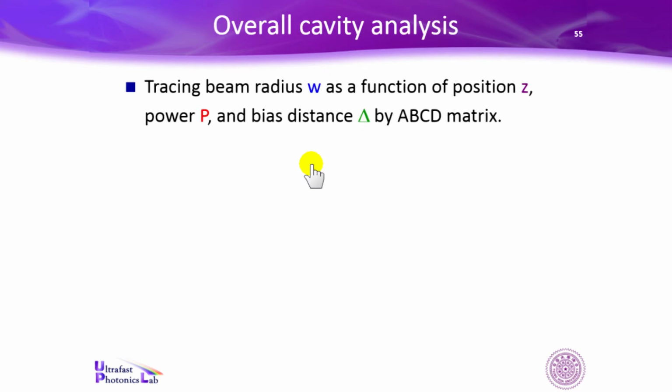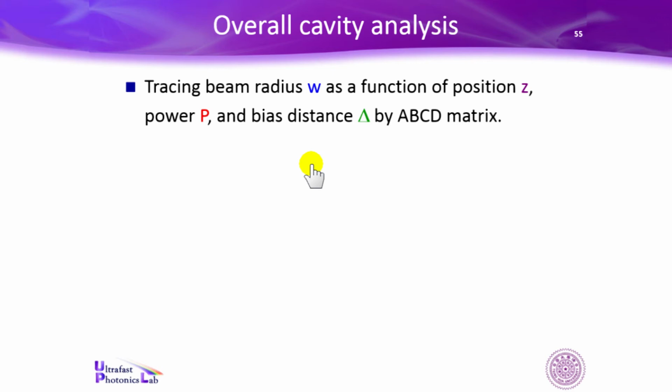So for overall cavity analysis, you have to trace the beam radius W as a function of position Z according to the ABCD matrix, and as a function of power P, and as a function of bias distance delta, all by the ABCD matrix. Okay, so you have W as a function of Z, P, delta.